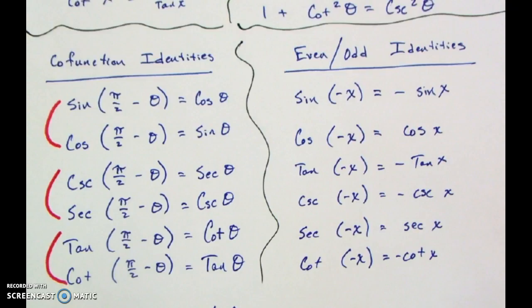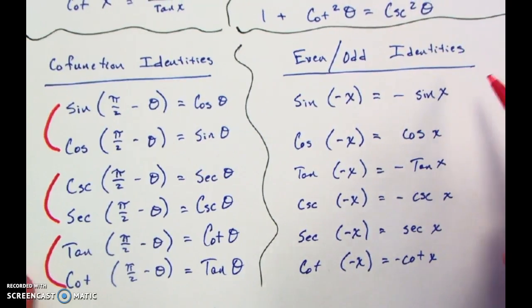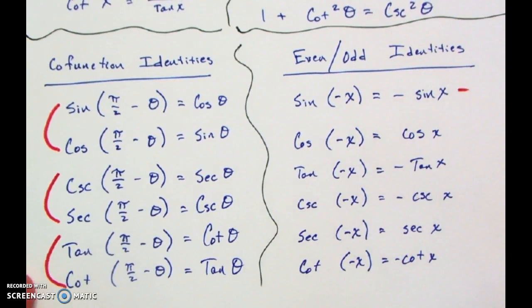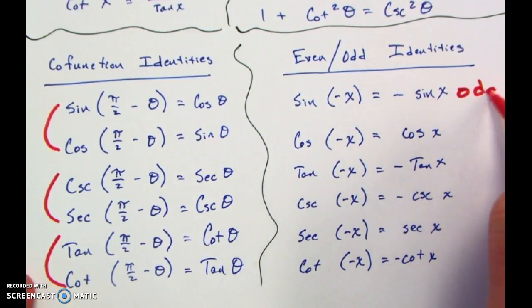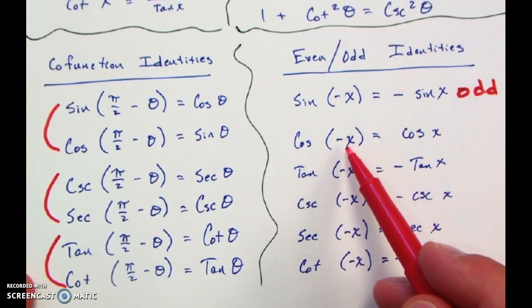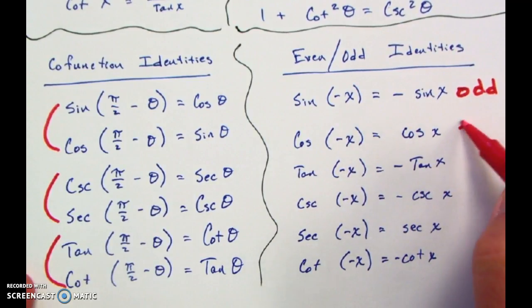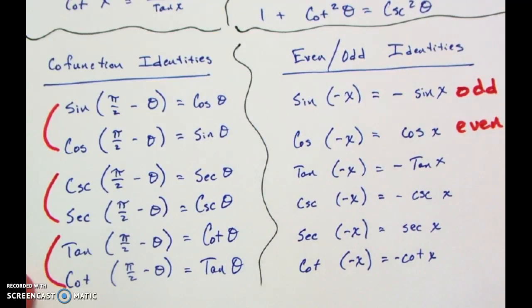The other thing that we have, remember we talked about even and odd functions previously. To be an odd function, if you plug in the opposite of x, you get the opposite of that value back. That would make that an odd function. Now, if you plug in the opposite of x and get the original back, that's what we referred to as an even function.